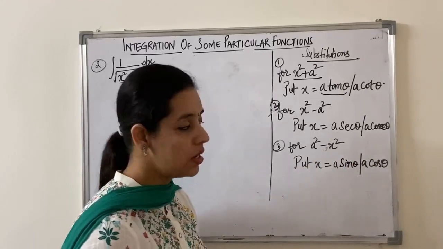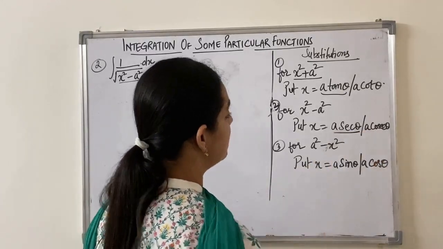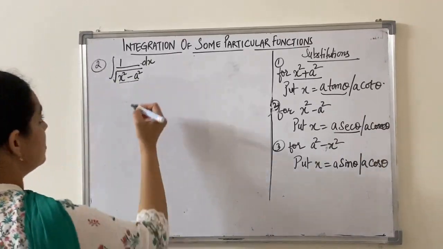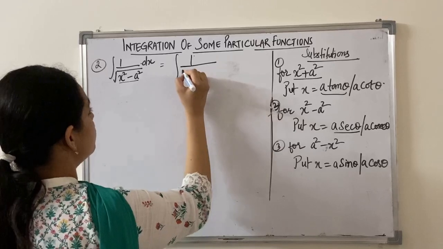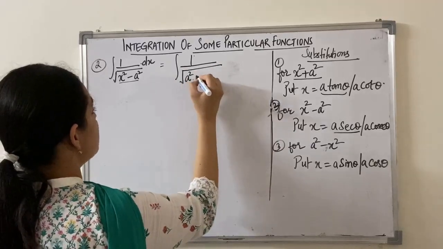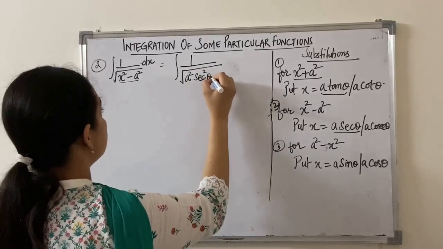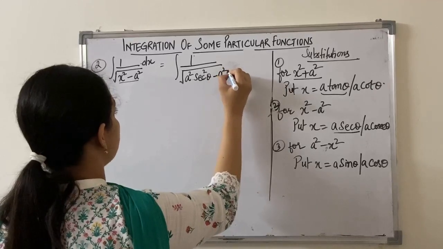But here I am using the substitution as a secant theta. So it will be equal to 1 upon under the root a square secant square theta minus a square.